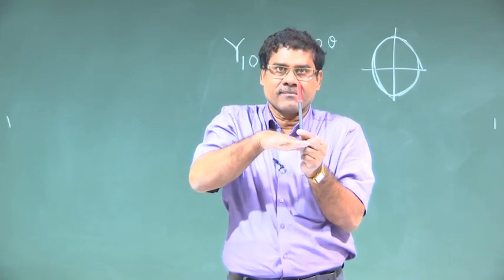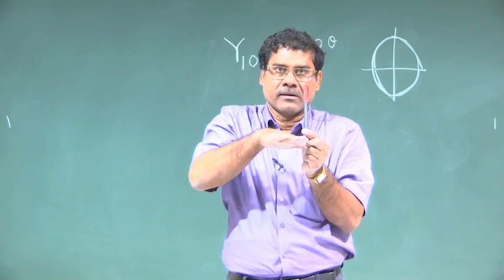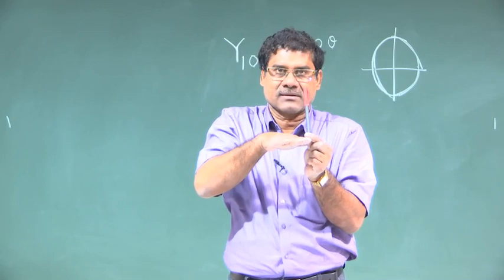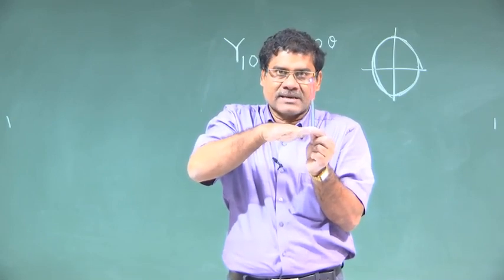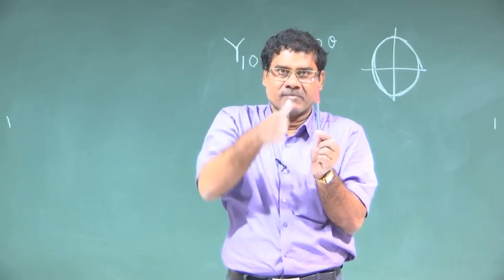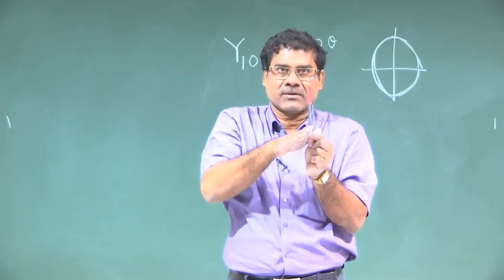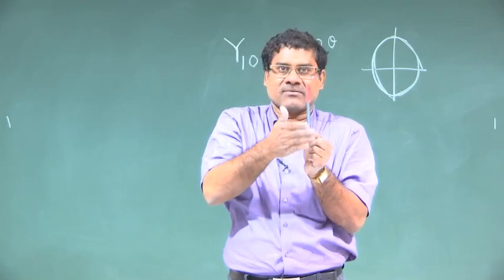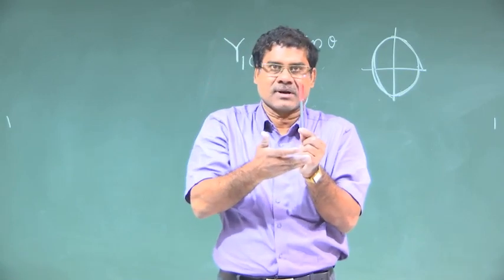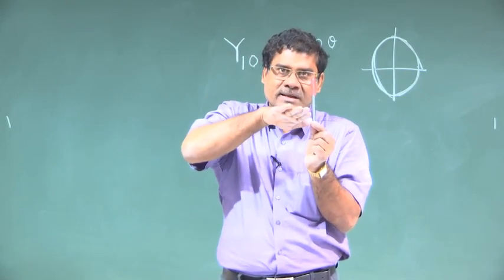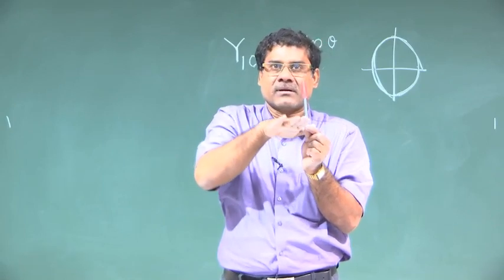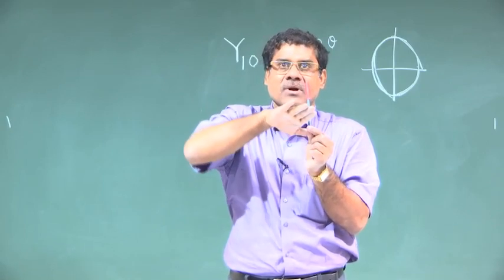This plane can in principle be in any direction, meaning theta can be any value, but it was restricted because of the postulate of space quantization. That means the plane can only be at particular orientations. That is the space quantization.